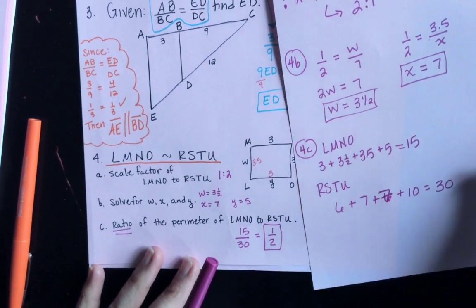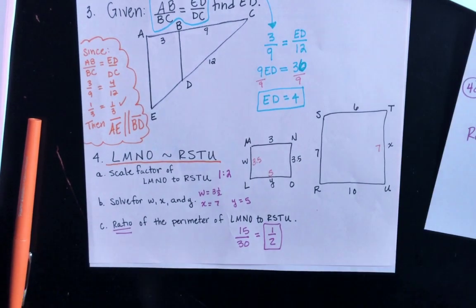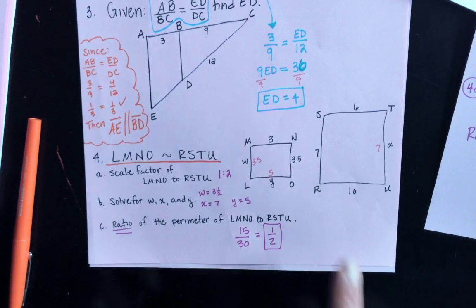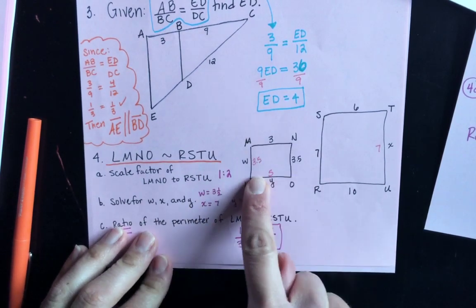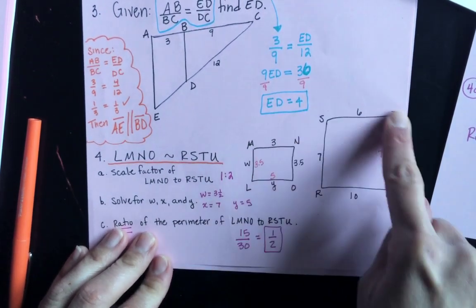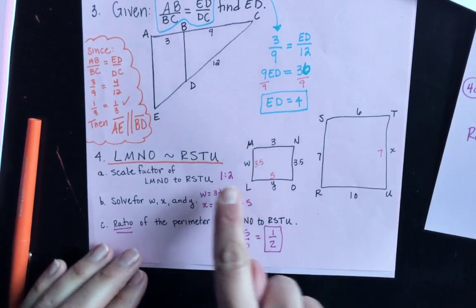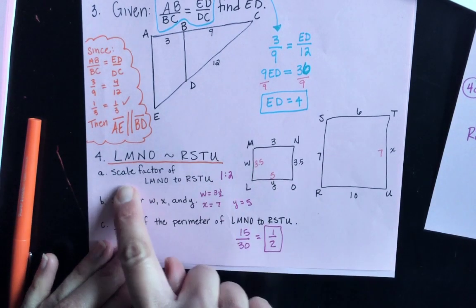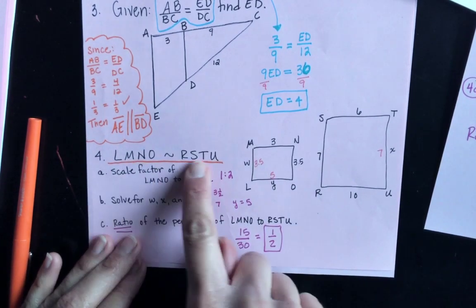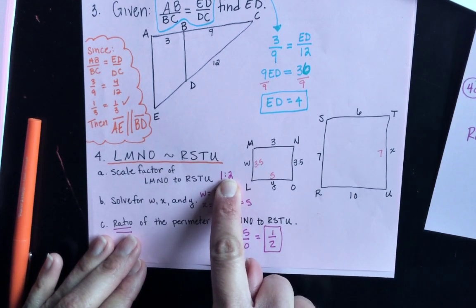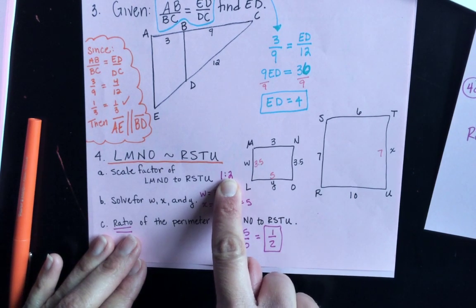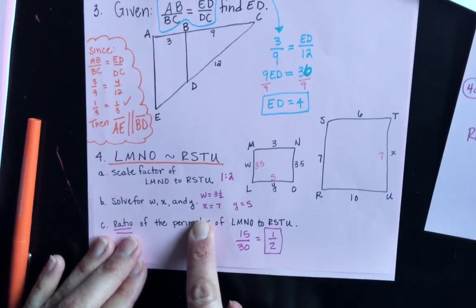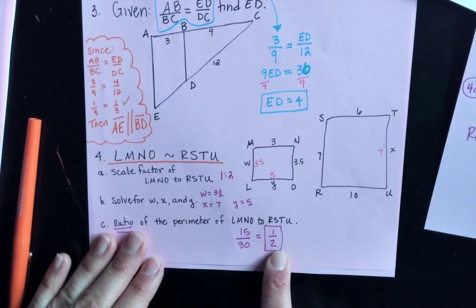But what we're supposed to remember is in one of our lessons we talked about that perimeter is just linear. It's the same thing as the lengths of the sides. So if we already knew what the scale factor was for the picture, any of the individual sides, 1 to 2, 1 to 2, 1 to 2, our perimeter has the exact same ratio.